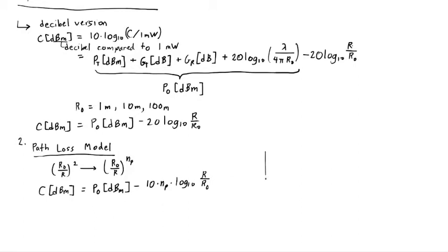So if I plot log distance versus received power, it is going to go down because I have a minus 10 n_p log 10 r over r naught.